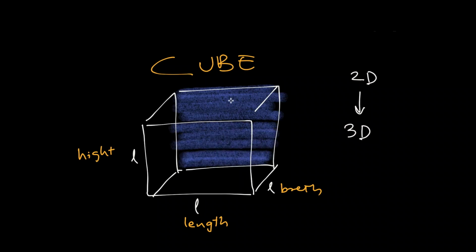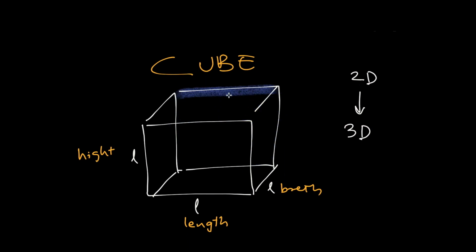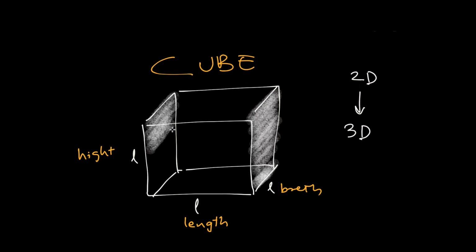So these two shapes are identical, the front face and the back face. In the same way you will have two side faces. This is the side of your square and this side is exactly similar to this side. So the length and the height are the same. These are the two sides of the cube.